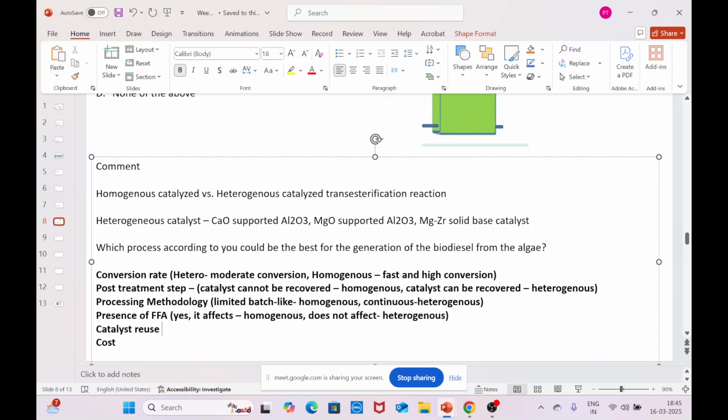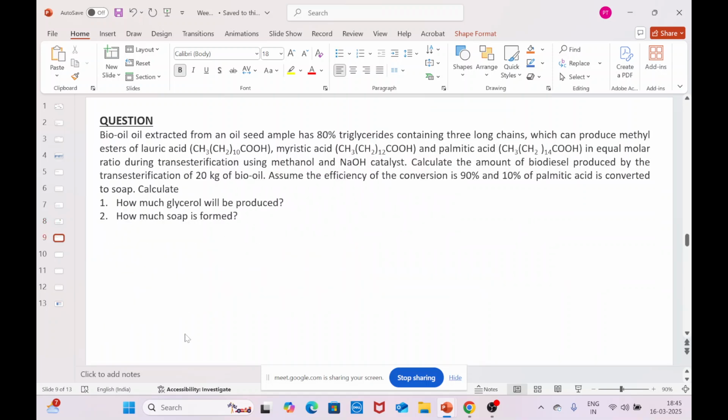So according to the understanding that we have got now, we can tell that the heterogeneous catalyzed transesterification process could be more suitable for generation of biodiesel from algae.